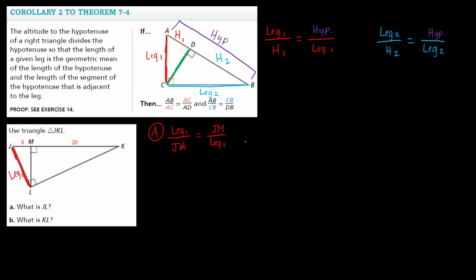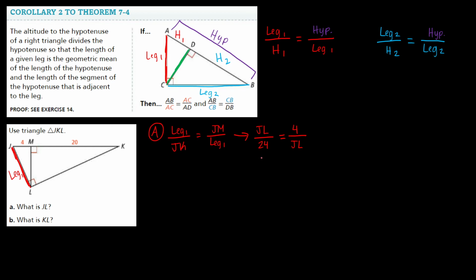So let's fill in what we know. Leg 1, we're just going to call JL. JK, the total length is 4 plus 20, so it's 24 units. And it's equal to the smaller portion of the hypotenuse, which is 4 over JL. So now we're going to solve as normal.